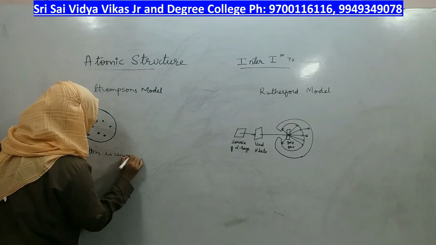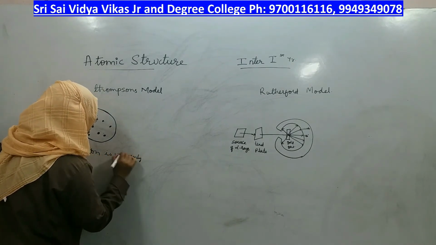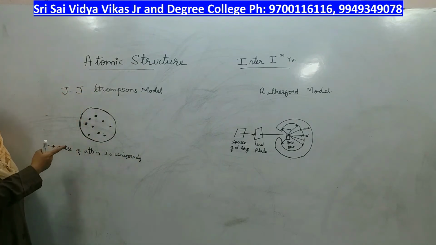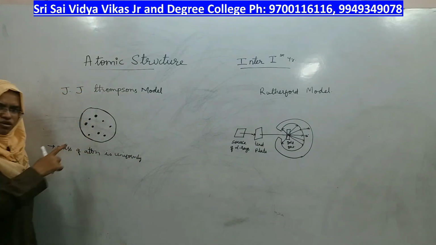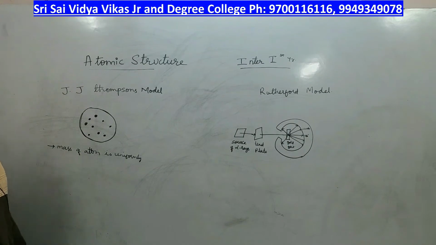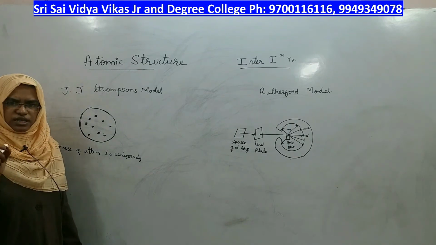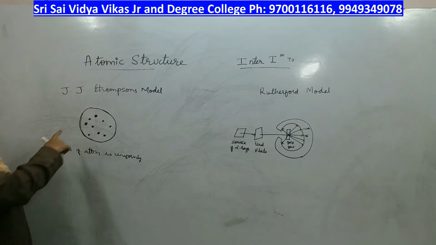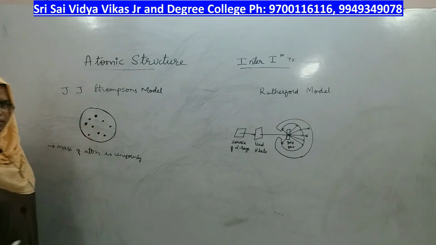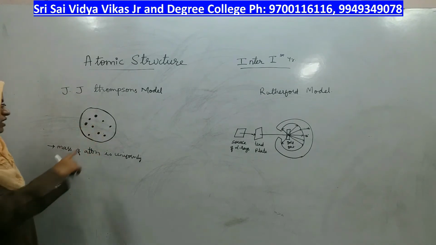What black dots you are able to see are nothing but electrons which are randomly embedded inside the atom. Can you find any fixed type of arrangement in these black dots? No, there is no fixed type of arrangement.